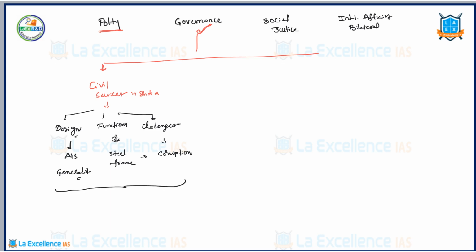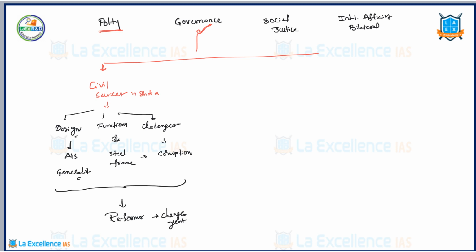After this, we talk about reforms. How shall we change the civil services for better, so that in the era of globalization, the civil services shall act as a pioneer for change? How the reforms have to be brought in so that civil services can act as a change agent.